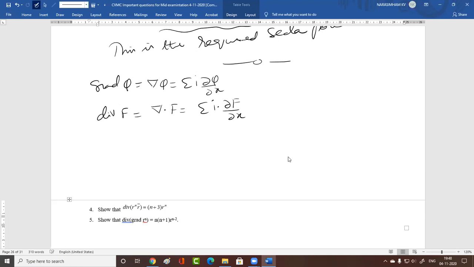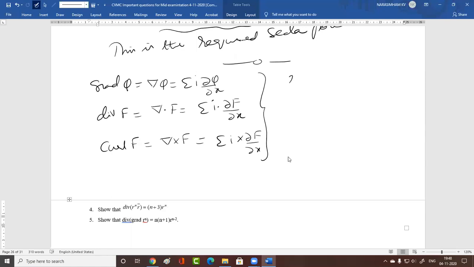If you expand, you get i dot dou f by dou x plus j dot dou f by dou y plus k dot dou f by dou z. Now curl f equals del cross f, sigma i cross dou f by dou x. So these 3 are definitions in sigma notation.